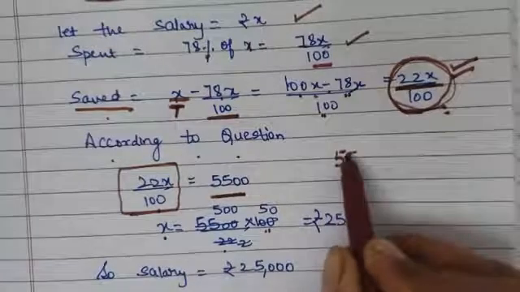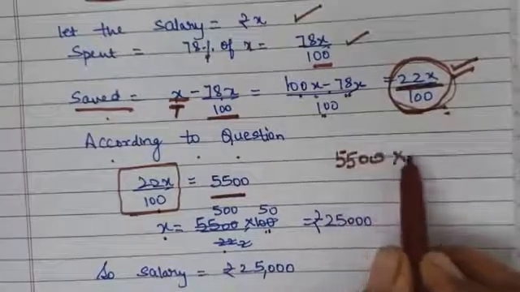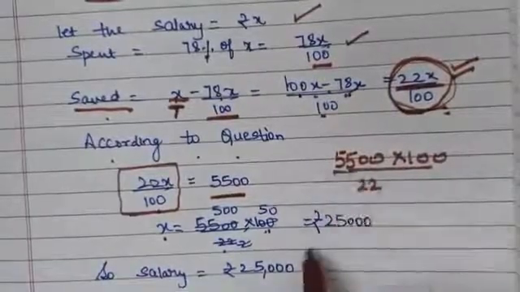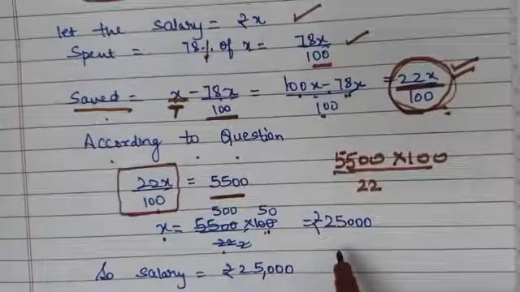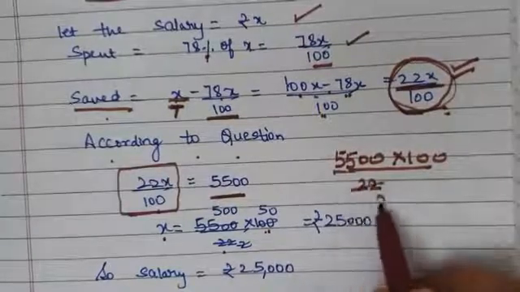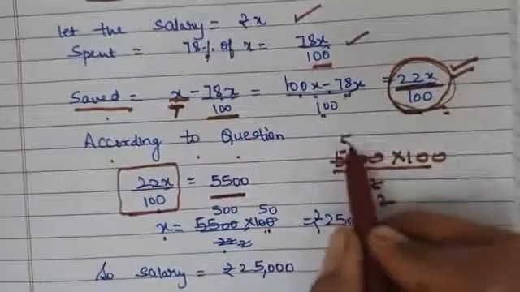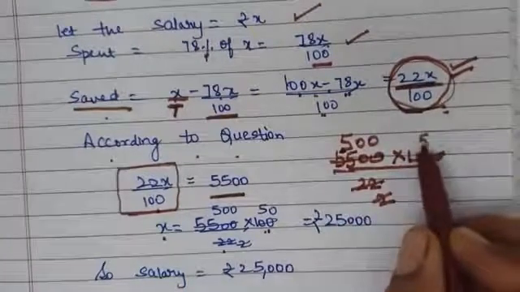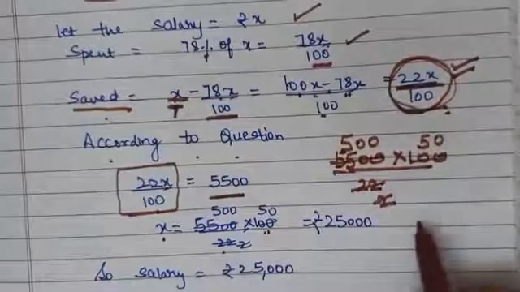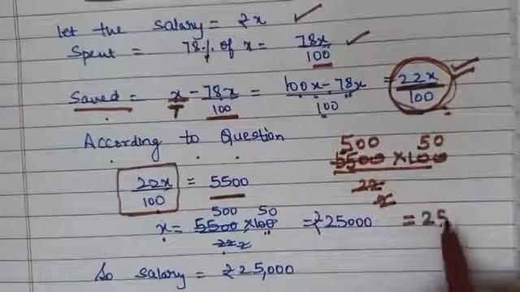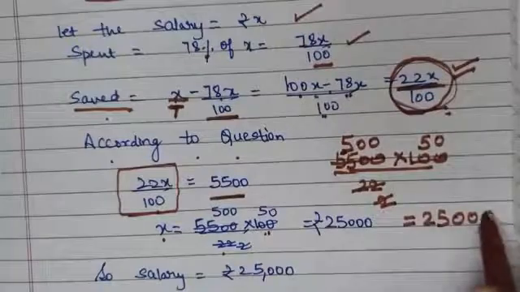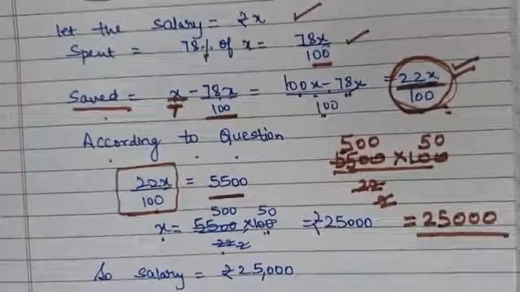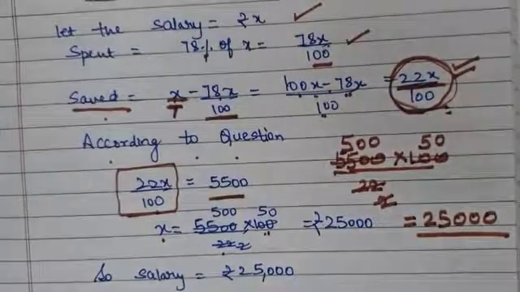So 5,500 multiplied by 100 upon 22. Now you have to do the simplification. That is 11 2s are 22, 11 5s are 55, then 0, then 2 5s are 10, then 0. Then we get 25,000. That is, 25,000 was his salary. Clear?